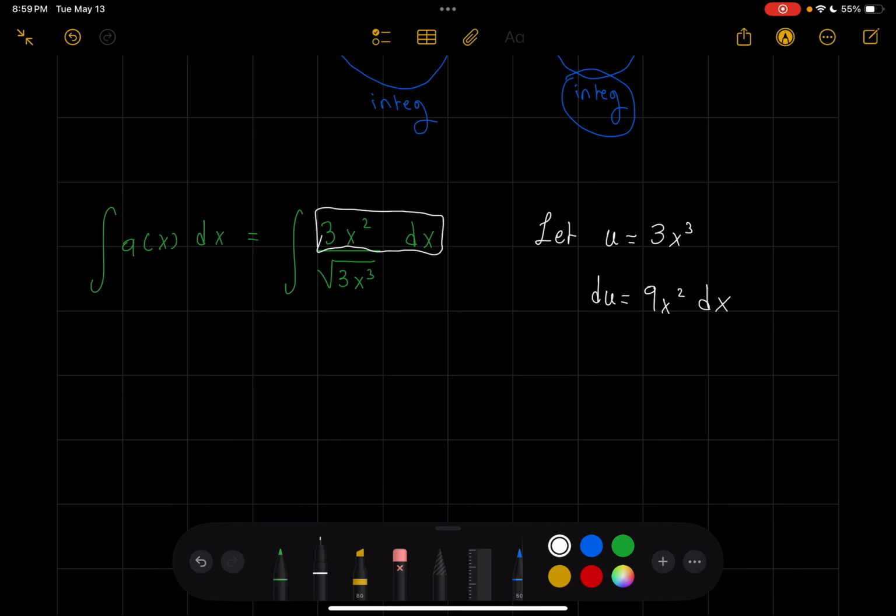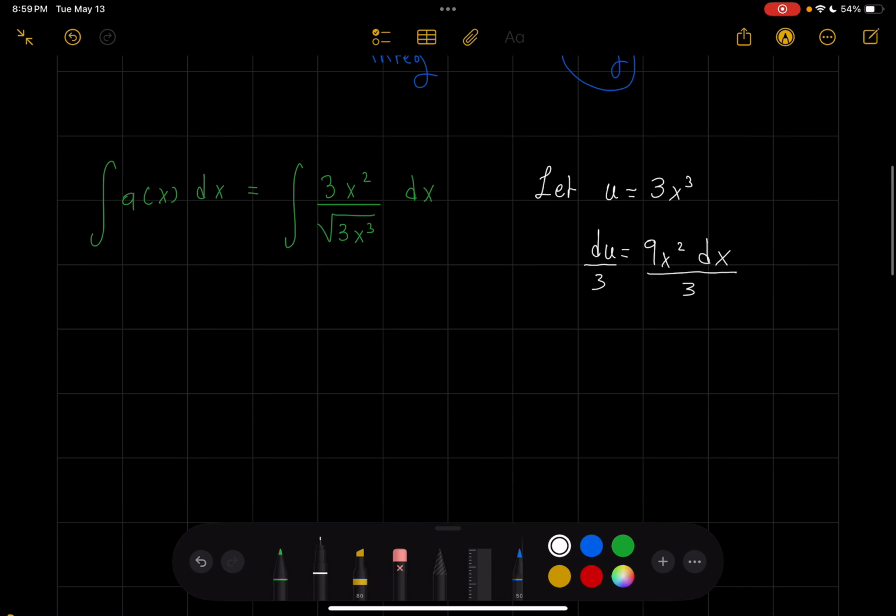However, in the numerator we have 3x squared dx. So I'm going to divide du by 3, and I'm going to divide this side by 3. So now I have du divided by 3, and 9 divided by 3 is going to be 3x squared dx. Now it perfectly matches the numerator.